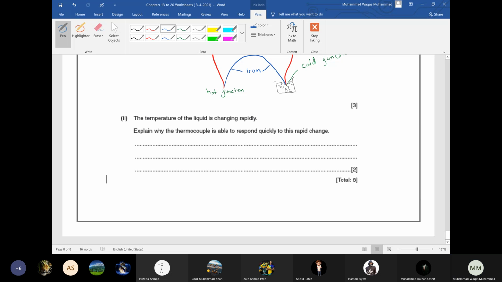Right or wrong? Right, sir. Junction is small and has low mass, so it quickly reaches the temperature of the liquid.